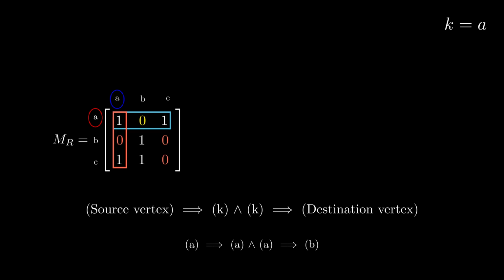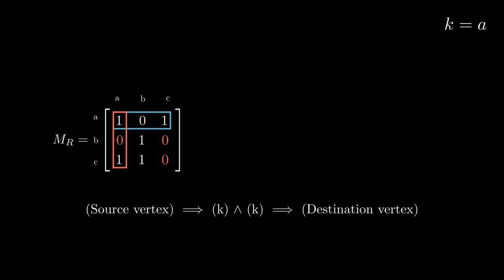In the matrix, we see that our source vertex a is connected to the destination vertex a because there is a 1 in the matrix. With that, the value for a to a would be 1, and for a to b, since there exists no connection, it would be 0. And remember, with Boolean algebra, 1 and 0 is just 0.